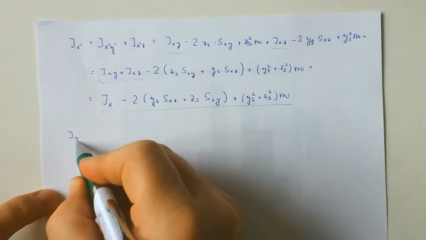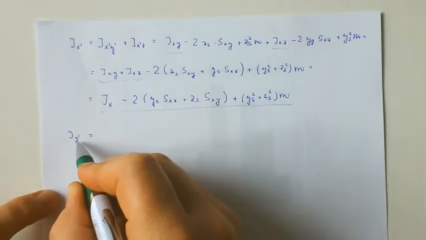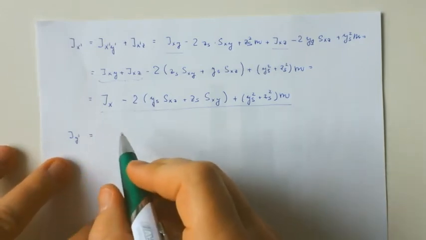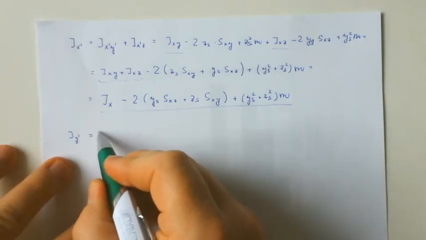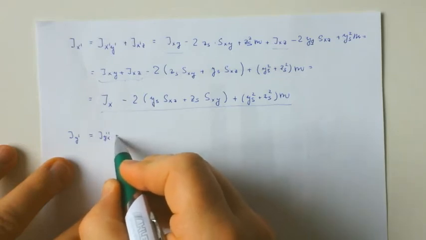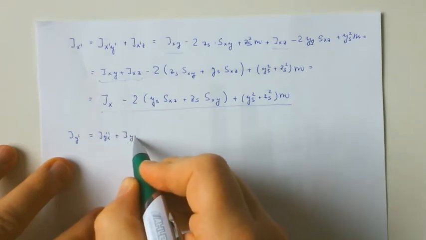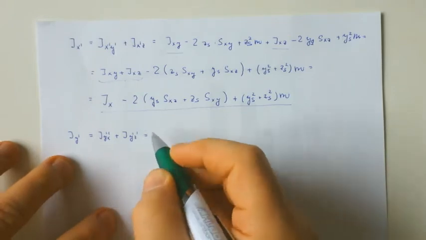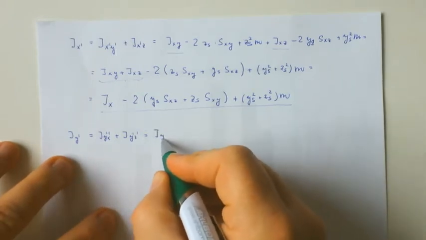The same we can do for Jy prime, and it is Jy x prime prime plus Jy z prime prime, and the result is that it is Jy.